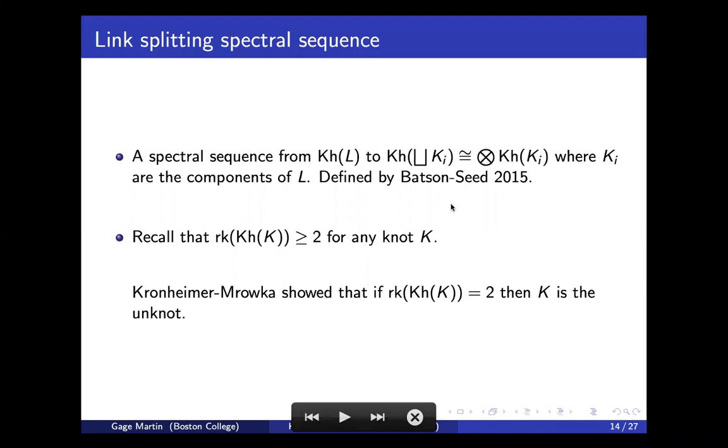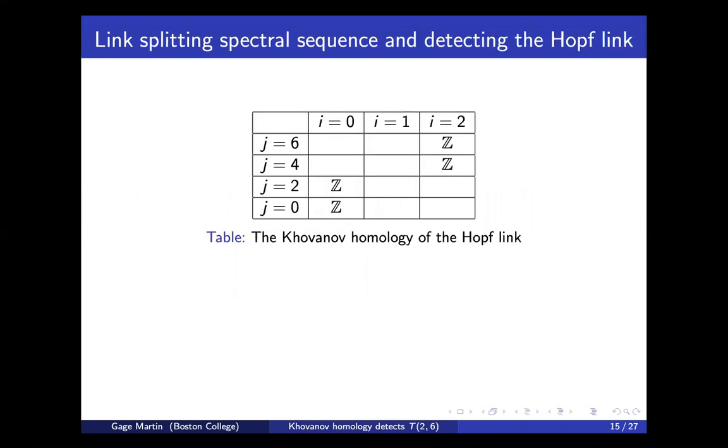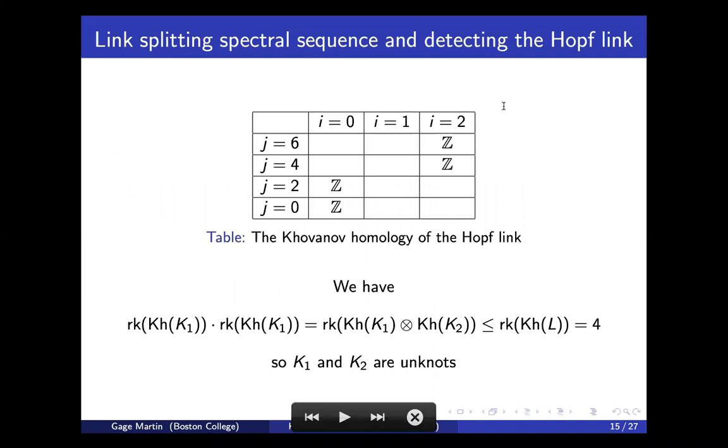So taking this link splitting spectral sequence and looking at our example with the Hopf link, we know that our link L has the same Khovanov homology as the Hopf link. Well, then the total rank of its Khovanov homology is 4. And so using this link splitting spectral sequence, we see that the Khovanov homology of the split link built from the 2 components of L has rank no greater than 4.